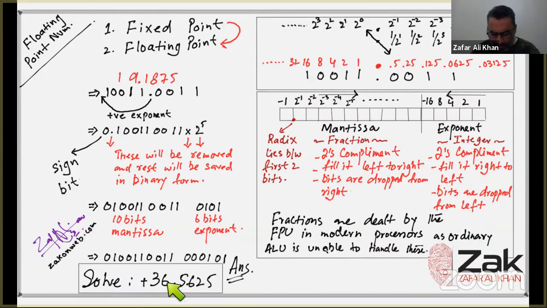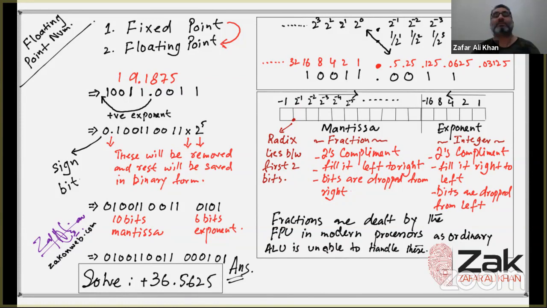Afterwards, I asked you to solve this question. If you would solve this question, you would see that in 10 bits mantissa, we get to drop this 0625. Once we save it, the 11th bit that would be saving, 0625, will be dropped off. So the number that was given was plus 36.5625.